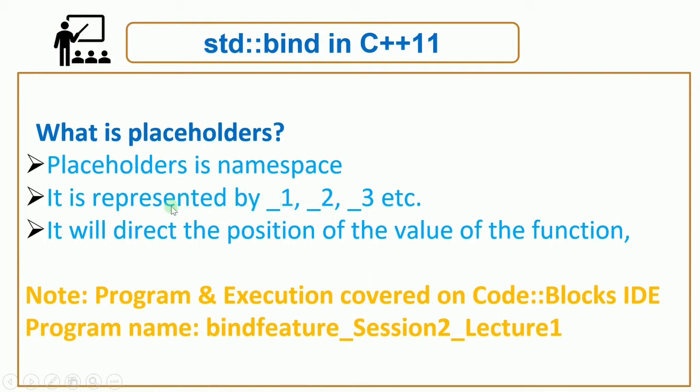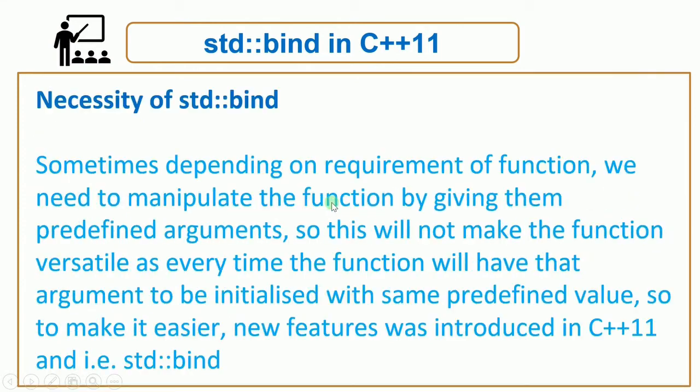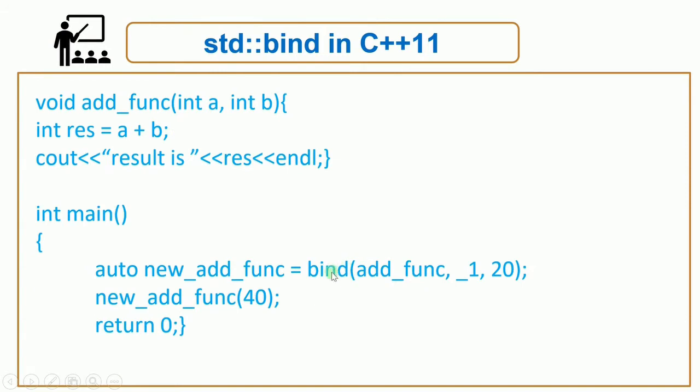The new function, in the sense that bind will return a new function object. When you call that function, you have to pass three arguments if you give three placeholders in the bind function while calling bind. It also depends on this case. If you see this particular bind, it is taking as input this function.